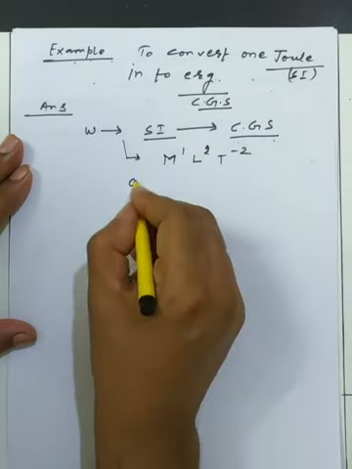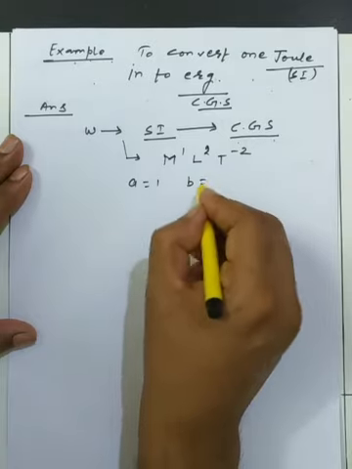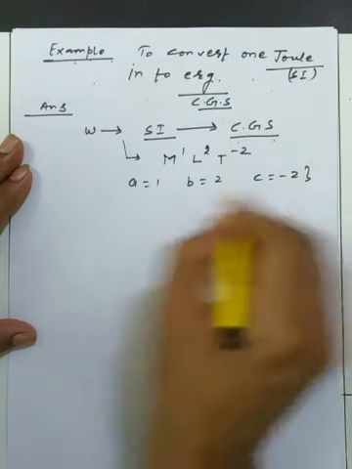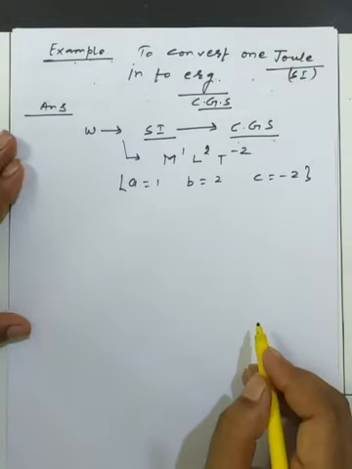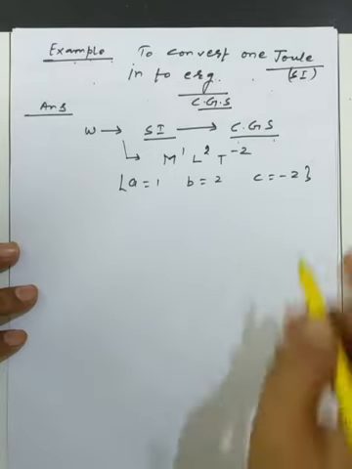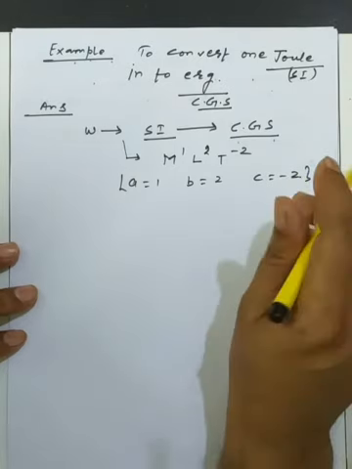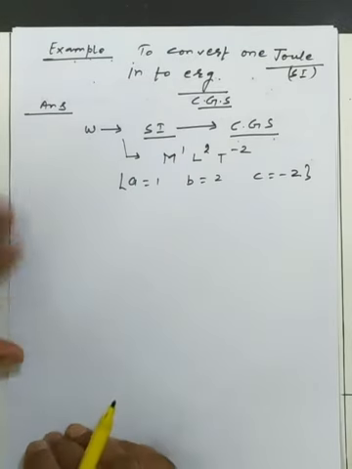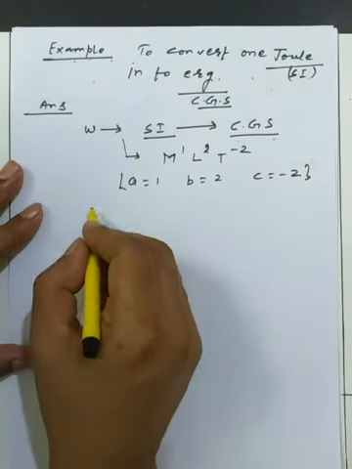So easily we can write a is equal to 1, b is equal to 2 and c is equal to minus 2. This should be appropriate, otherwise we will lose our numerical. So what formula will we use for the conversion?